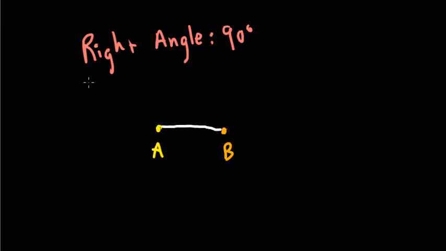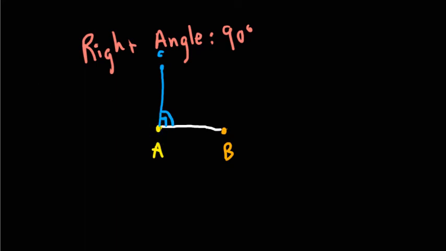A right angle is 90 degrees, so we'll put spot C right here and connect it. From here to here, we're measuring that angle is 90 degrees, and we have a special way of showing that. We put a little box there, and that means 90 degrees.